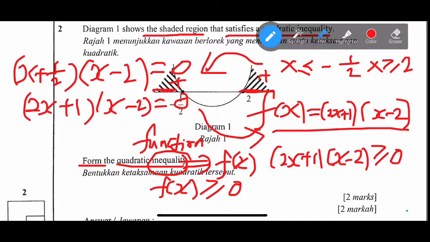Always double check the keywords, highlight what the question wants, and answer according to the question. Don't just do according to what you want. Follow the instruction, then only you can get a good result. So this one, number 2, is settled already.